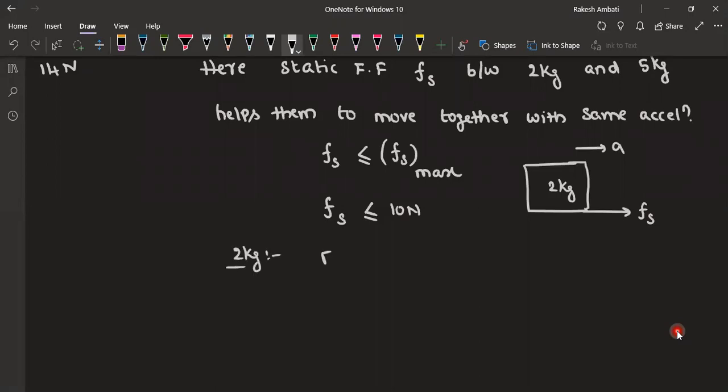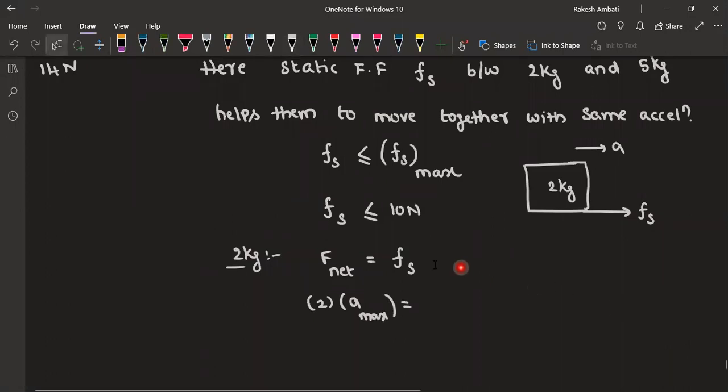In the case of the 2 kg block, what is the dynamic equation? Fs. Net force means mass into acceleration. Mass is 2 kg. I want to find the maximum common acceleration, so in the place of Fs, what do we have to take? Fs max.